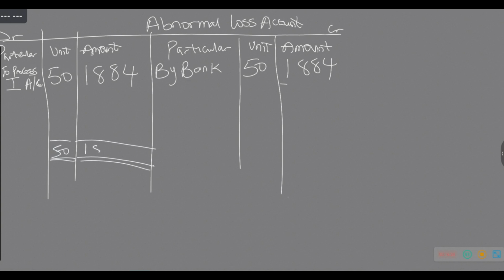This could be by bank or by cash. I can just say balance carried down, just so the abnormal loss account is balanced.